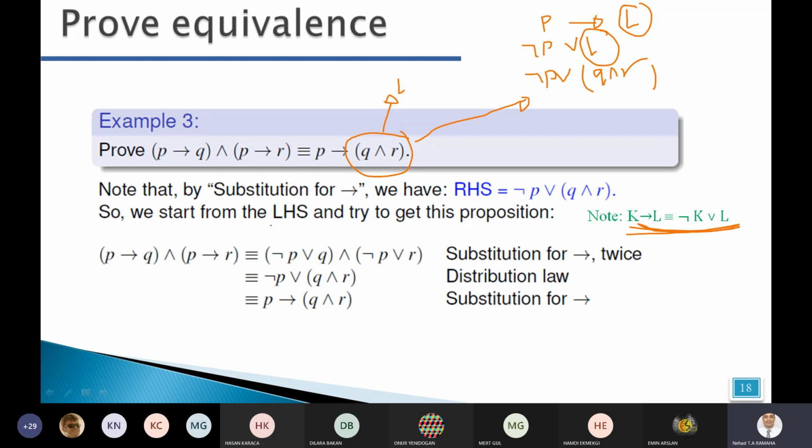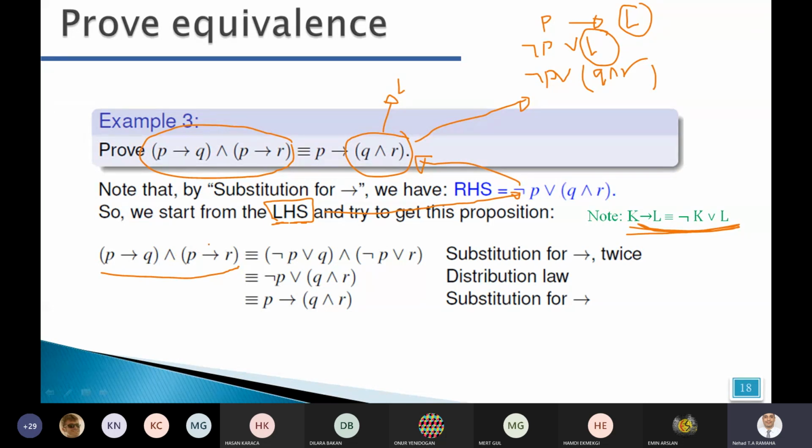So we start from the left hand side, LHS, this means left hand side. To reach this right hand side, if we reach this one, then we reach this one. Okay, let's start. Look at this one.